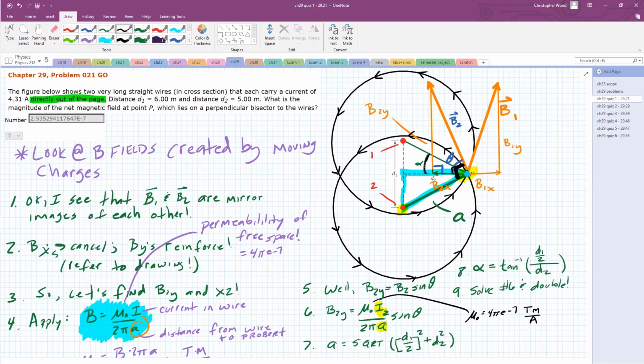I can do this too, since I'm talking about if that's alpha, then this is also alpha.